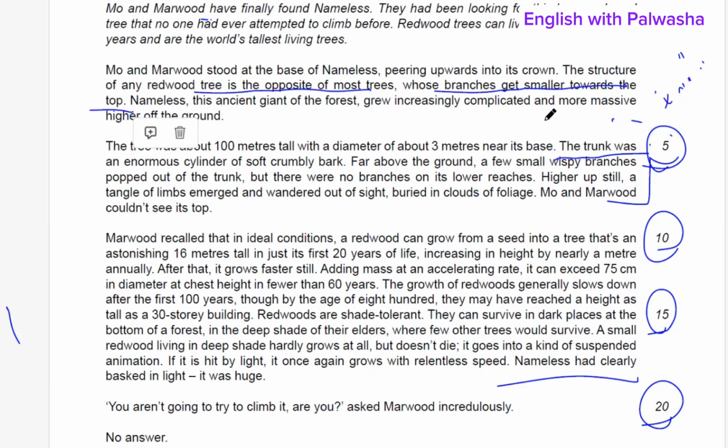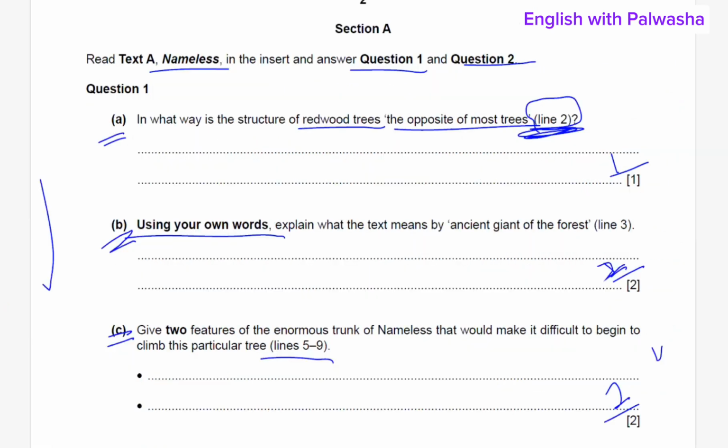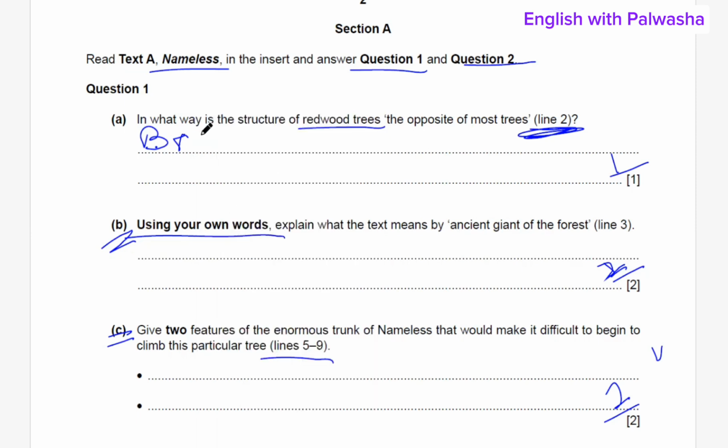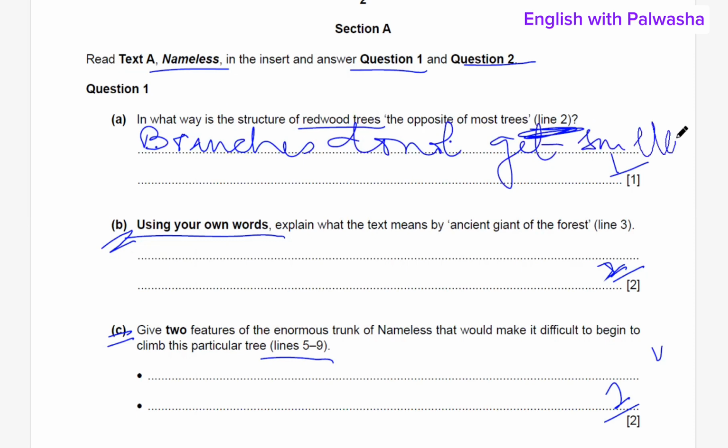We can transform this line into our own words, and we will write that branches do not get smaller towards the top of the tree. So the answer will be that branches do not get smaller.